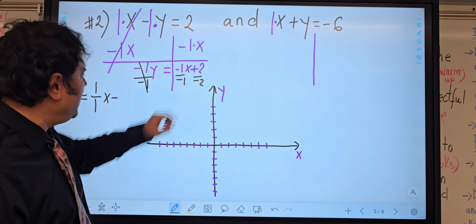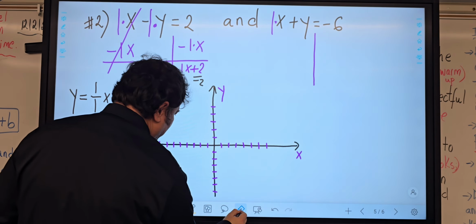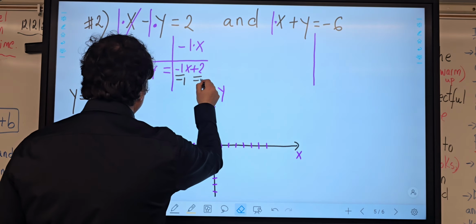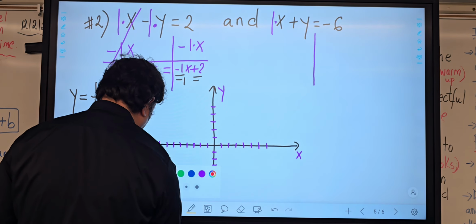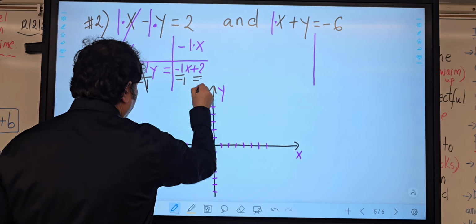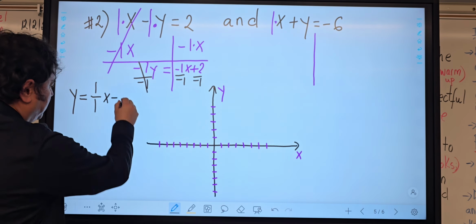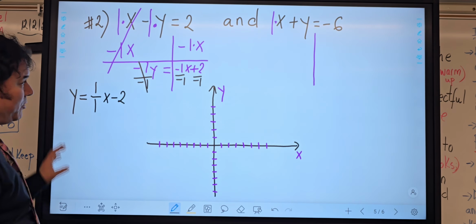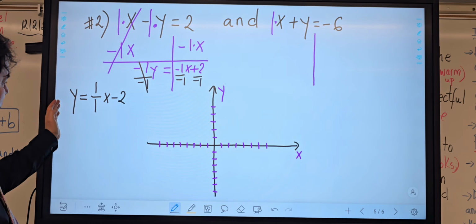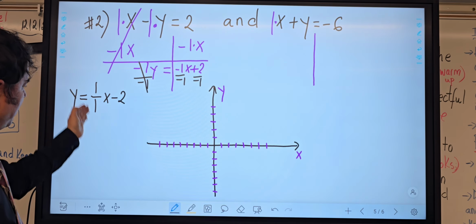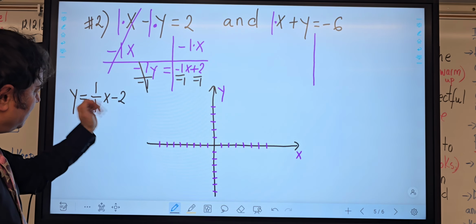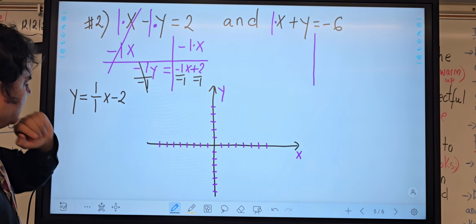Actually, it's supposed to be negative 1 there. So let's change that because we divided by negative 1. Negative 1, right? So 2 divided by negative 1 becomes negative 2. And we got the first equation in the y form. y equals mx plus b, and negative 2 is the y-intercept.